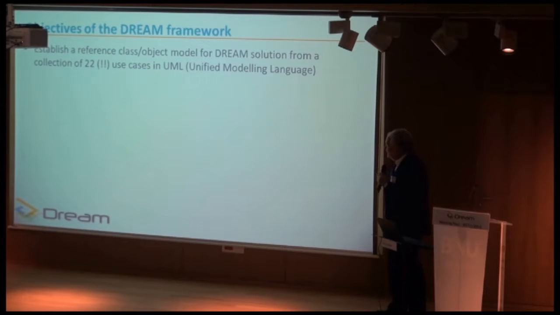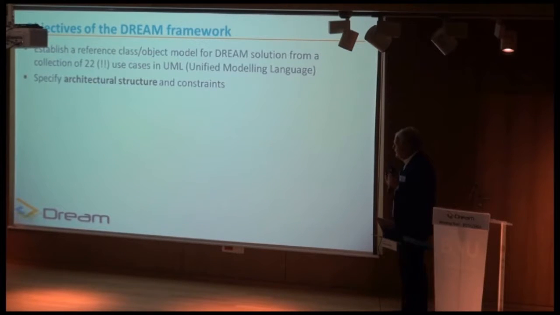And so that's the first thing that we did during the first 2 years of the project. And we also specified architectural structure and constraints. So the constraints are related to timing, to response times, and what you can imagine.